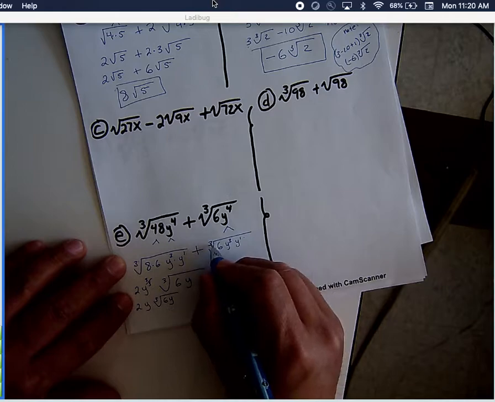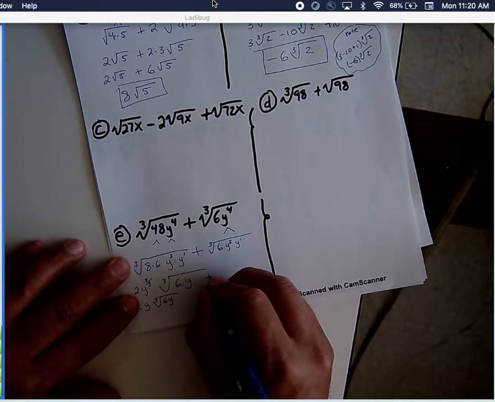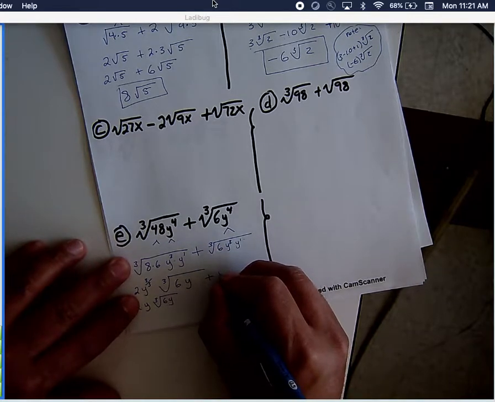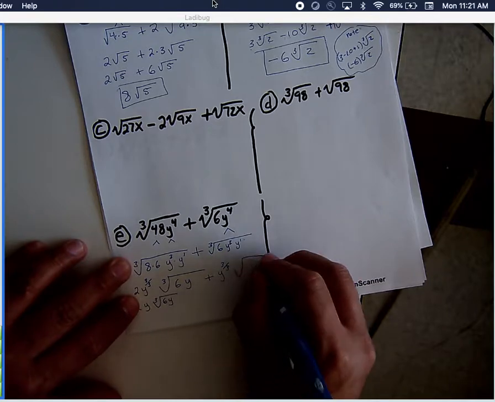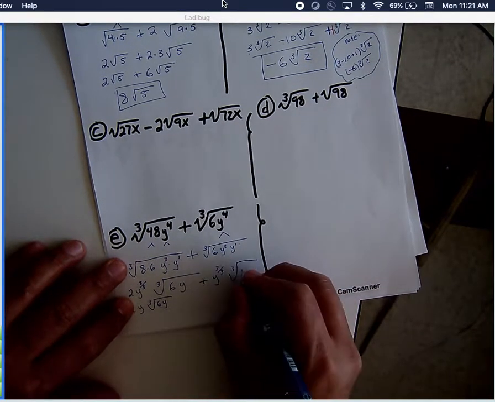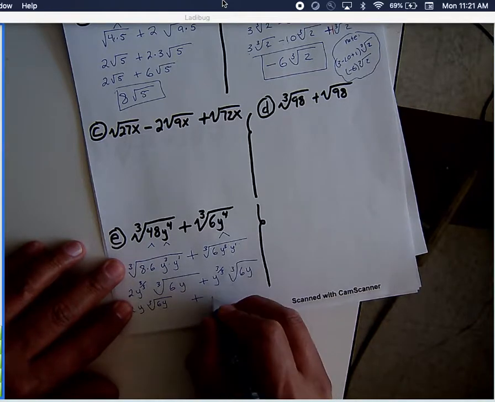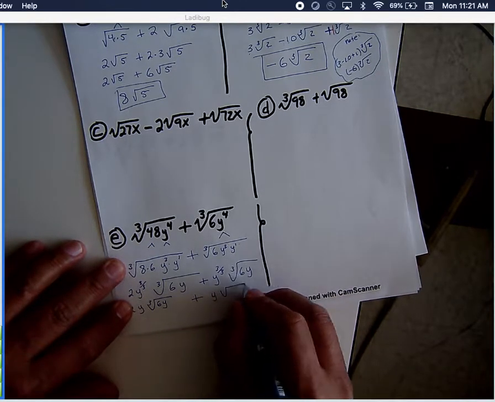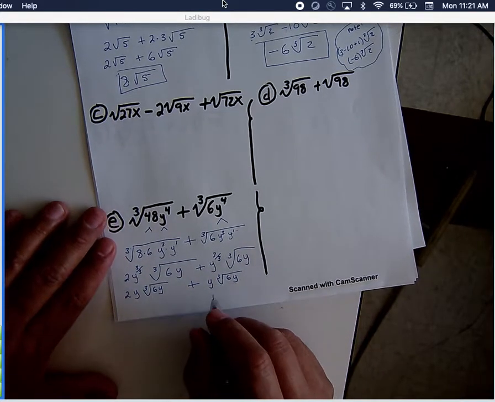Because 3 is going to be divided by 3 and that's what we want. So again plus, so that one cube root of this one, remember this is 3 over 3. And then everything else stays inside. So the 6 stays inside and the y, there's no cube root of those. So this one becomes y cube root of 6y.